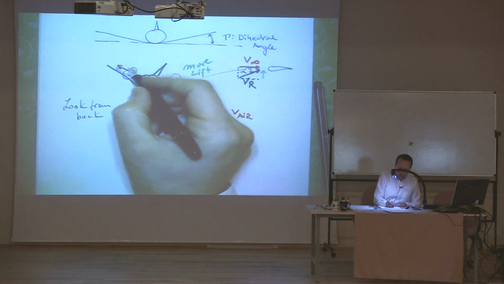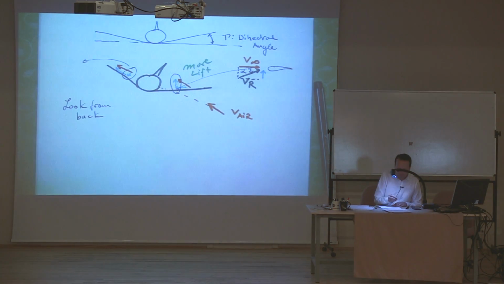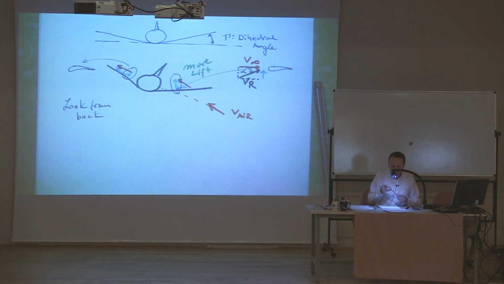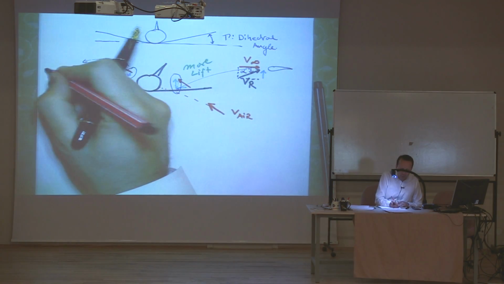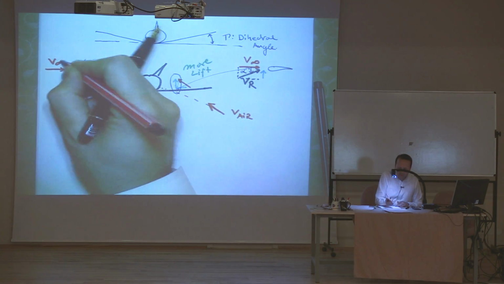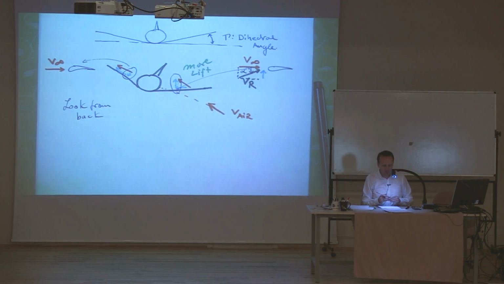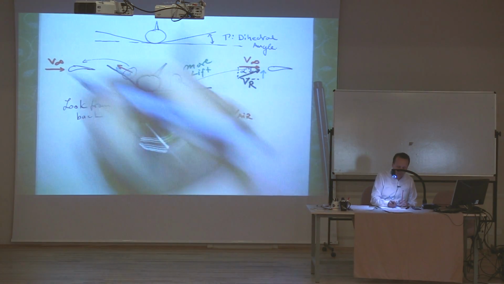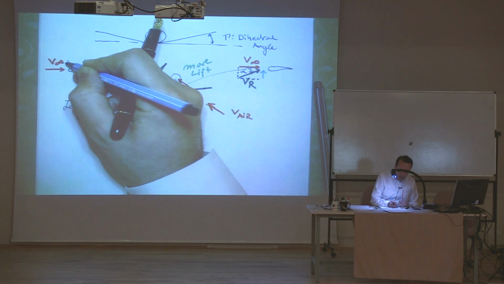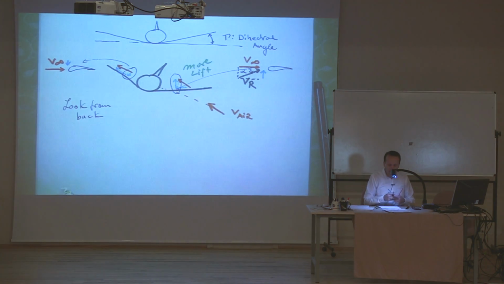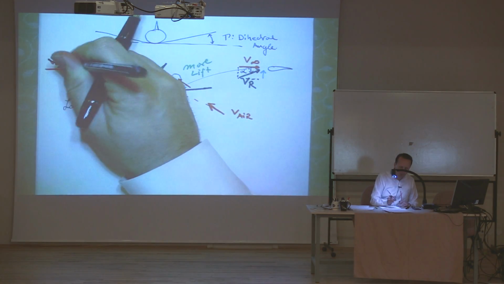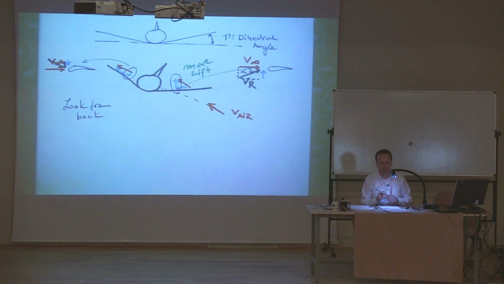Take this cross section of the wing. Same V infinity going forward. This is the V infinity coming from forward. What happens to the air? It blows from the top. What happened to the angle of attack? It actually reduced. You see?